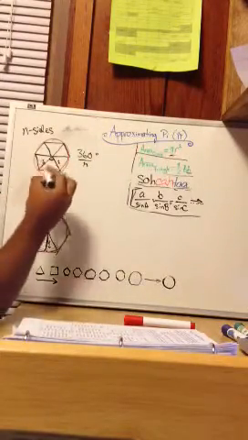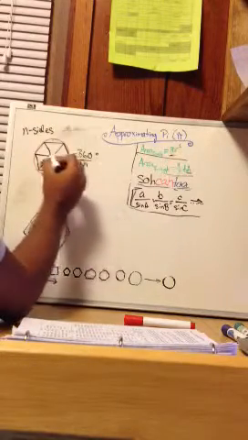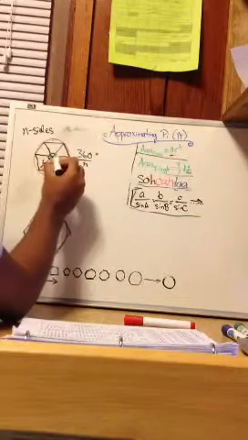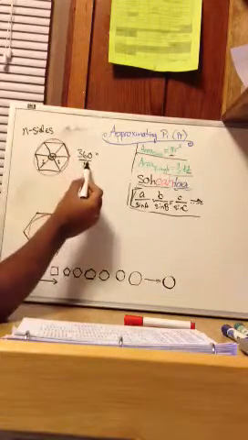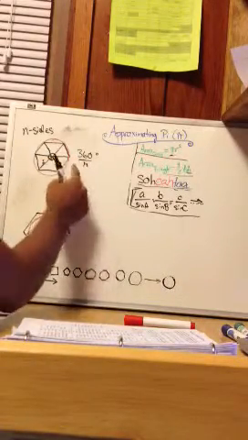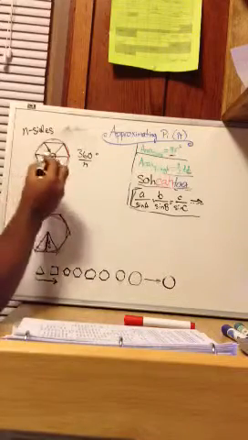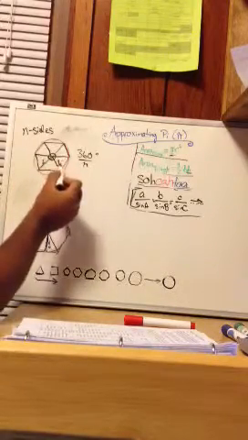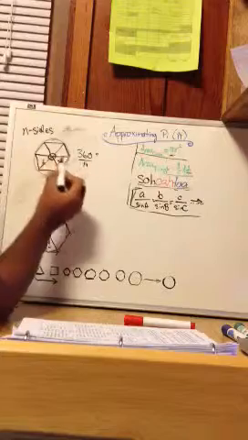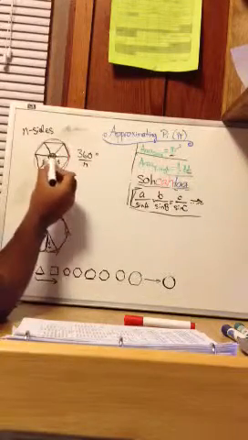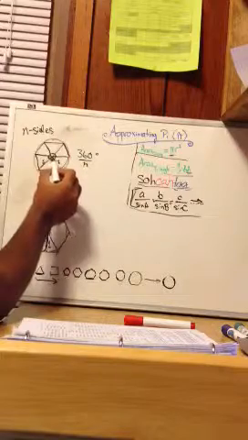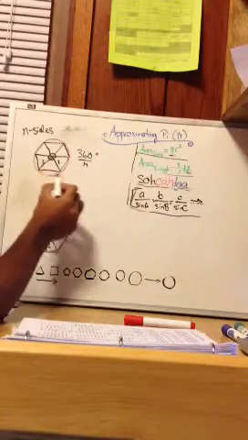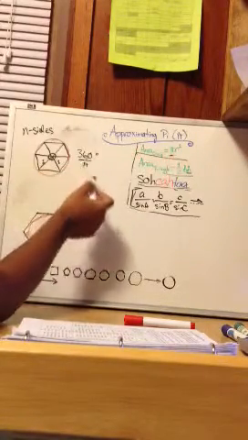We know it's going to be 360 divided by n because if we drew a smaller circle here, that circle would have 360 degrees. We divide it by n number of sides, so in this case, let's say we have a hexagon as shown. We have 6 sides, so we're going to divide 360 into 6 equal parts. So this central angle for our triangle would have a value of 60.